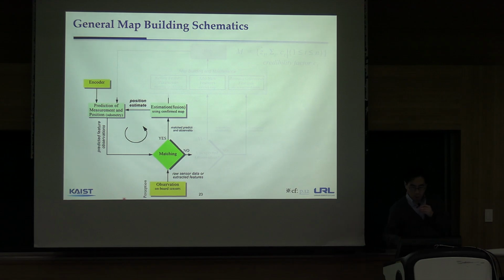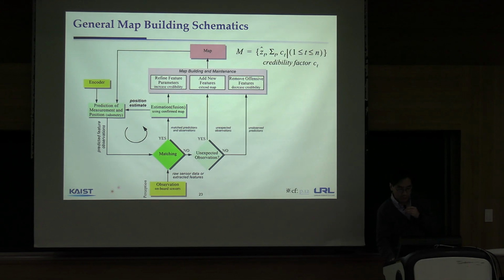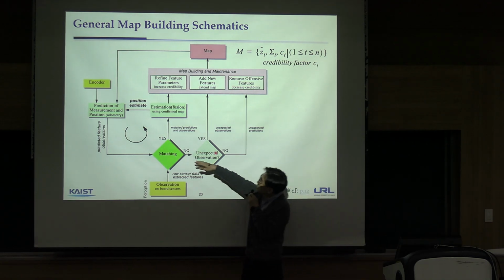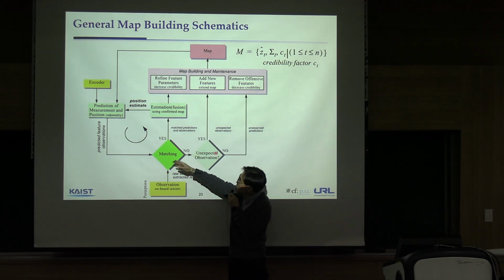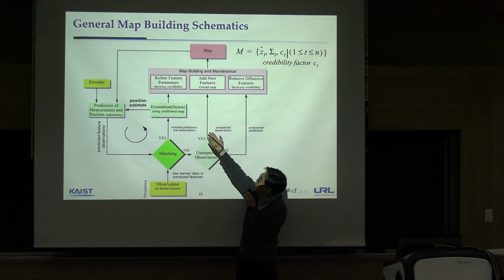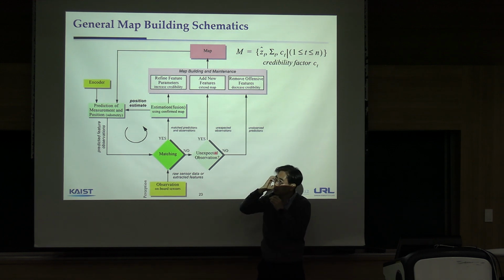But now we have to update the map. We have to build the map. So this part is the map building part. If the new observation and the previous information match together, then we can refine the feature parameters, the feature location.